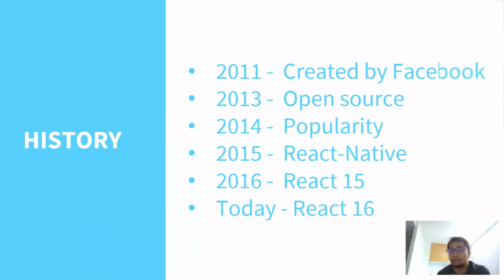In 2014 it got more attention. In 2015 they released React Native, which we use to create mobile applications. In 2016 came React 15, and today we are using React version 16. This is a small history of how React evolved over the last few years.